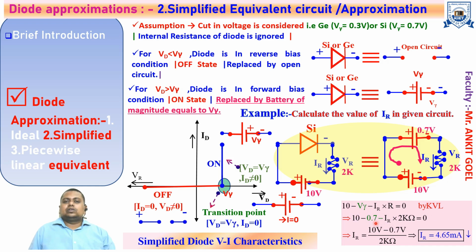V gamma is equal to 0.7 and R is equal to 2 kilo ohm. So IR can be calculated as 4.65 milliampere. Now if you compare the value with the previous case, it was 5 milliampere. So you are going towards more accurate values, right?